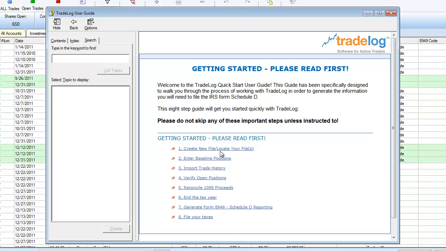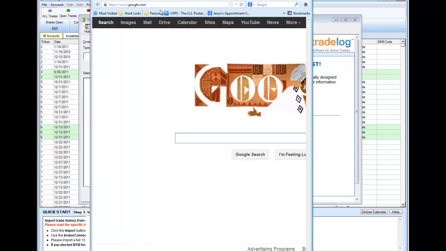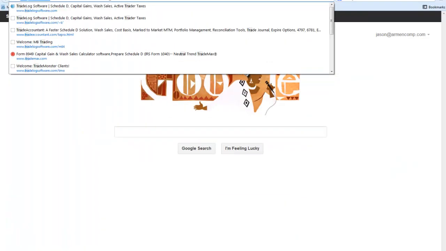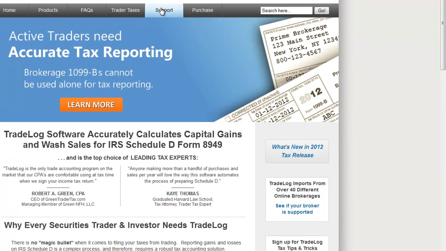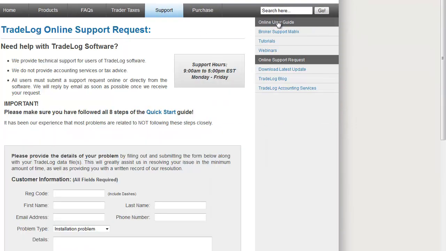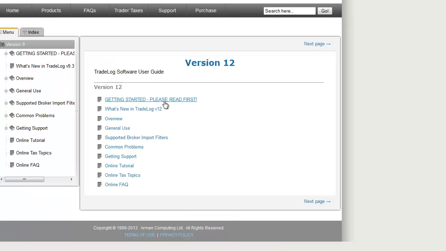Make sure that you've read them and you follow them as you're using TradeLog, and you'll have the best results. This is also available online. If you go to our website at tradelogsoftware.com, go to our support menu, click on Online User Guide on the right, and here's the user guide online as well. So you have that available for you.